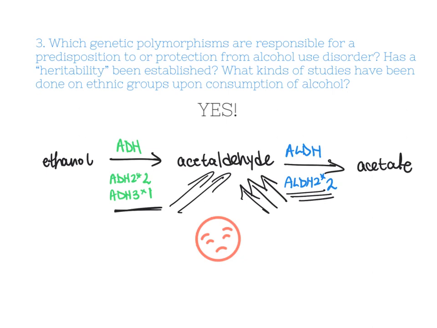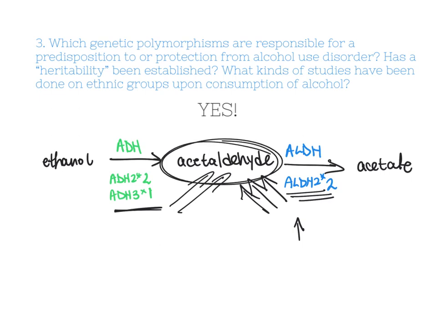In contrast, enzyme polymorphisms in which acetaldehyde dehydrogenase activity is increased lead to a predisposition to alcohol use disorder. Why might that be? That's right, it all goes back to acetaldehyde.